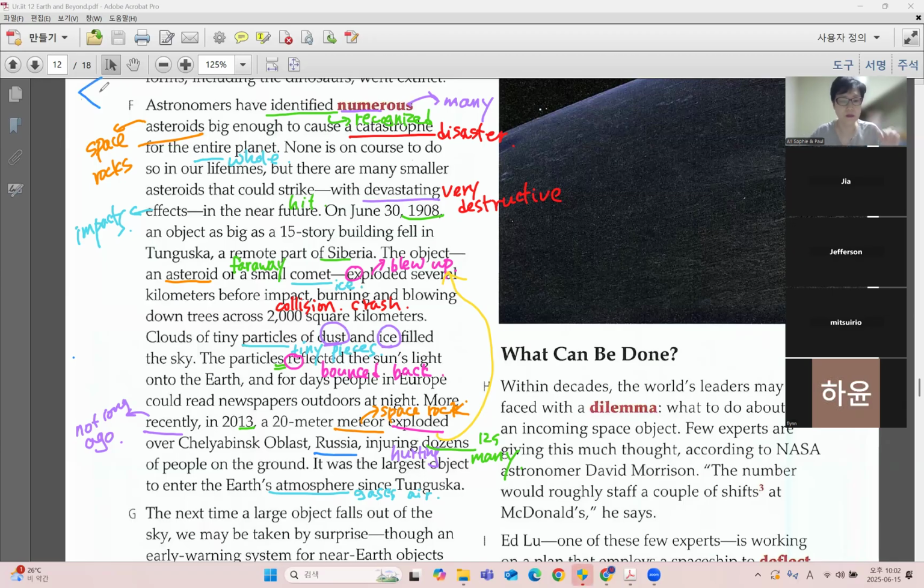What about this one? This one is not ancient. This is what? Recent events. What was the recent one? Russia.